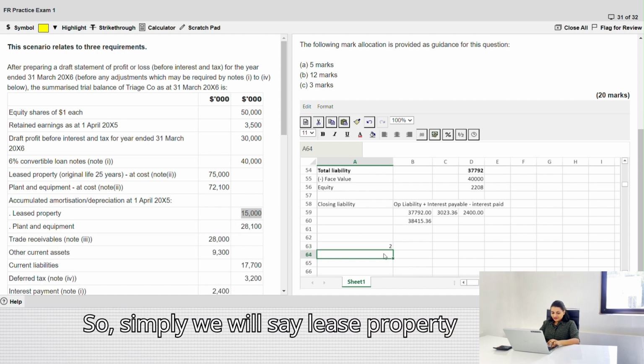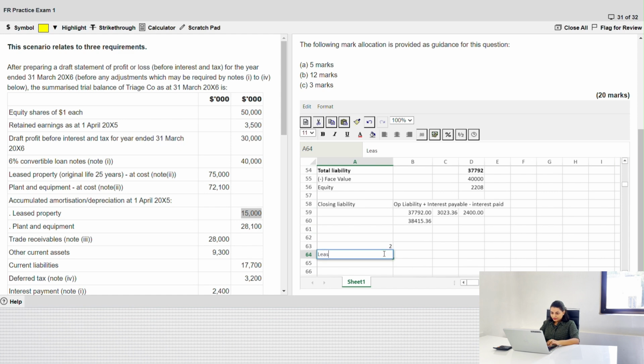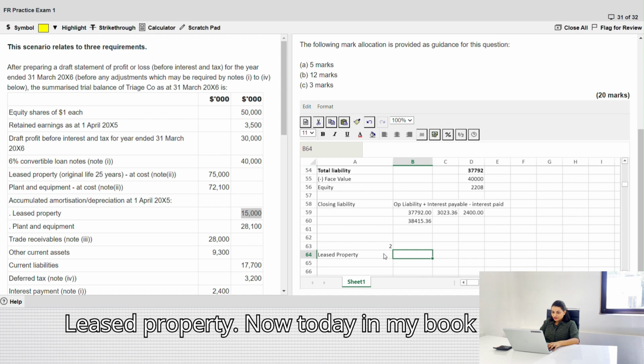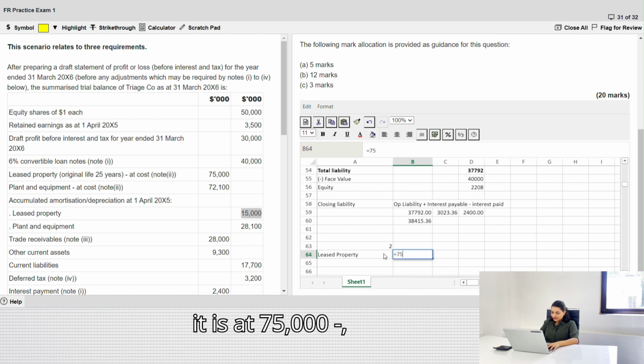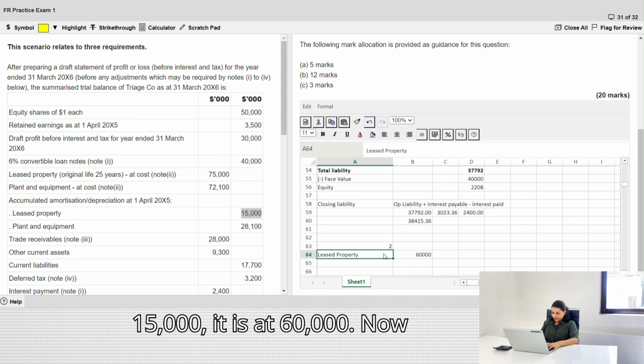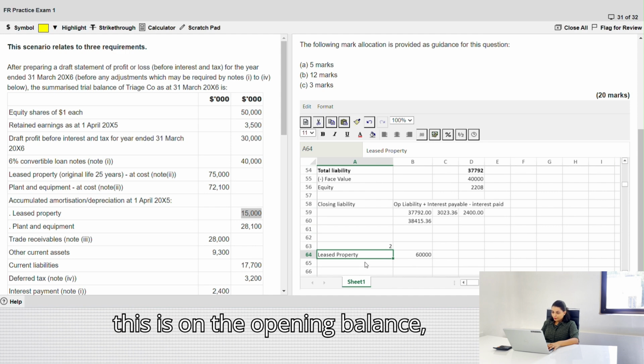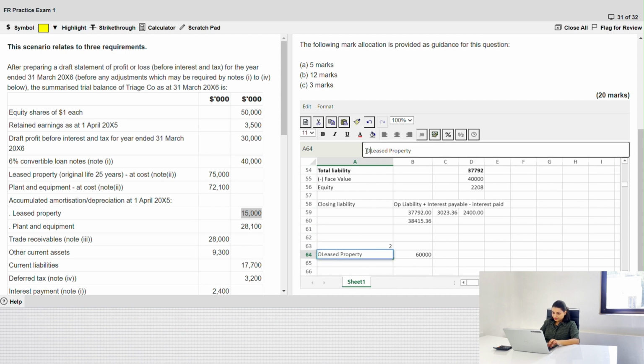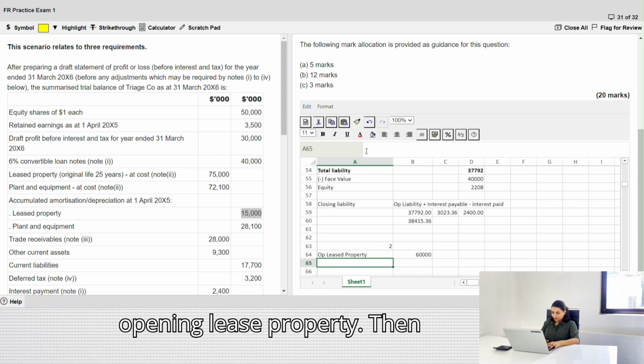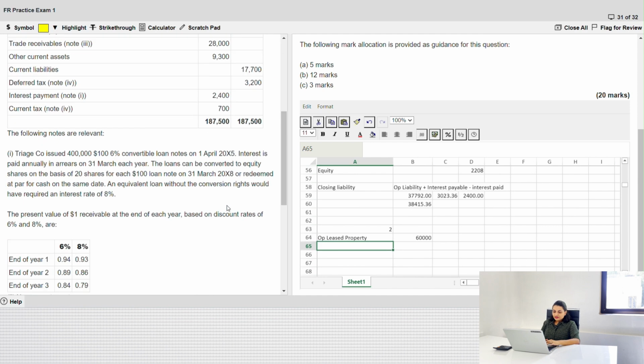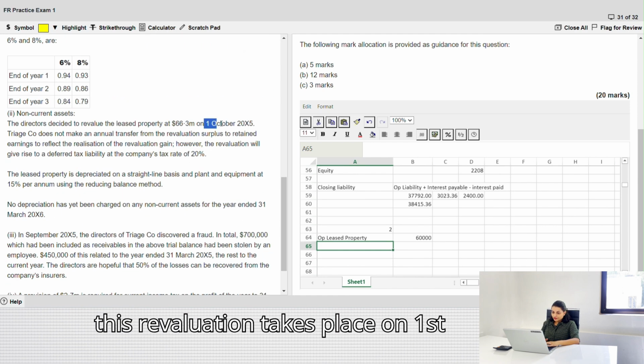So, simply we will say lease property. Now, today in my book it is at 75,000 minus 15,000, it is at 60,000. Now, this is on the opening balance, opening lease property.